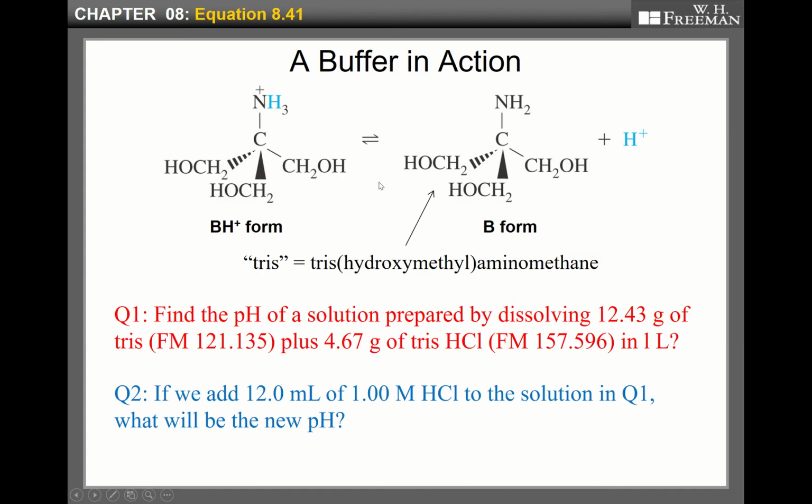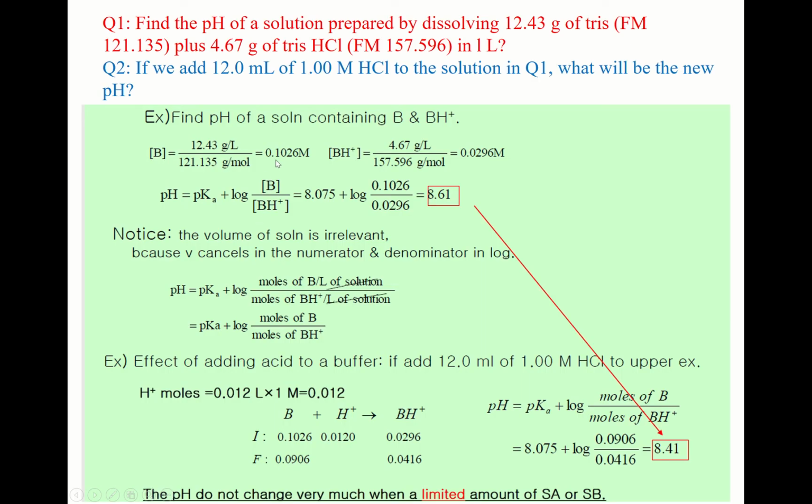But since they are all dissolved in the same solution, the solution volume doesn't matter, so you don't have to worry about it. You only calculate the moles of each compound. Let's calculate first this B form. The mass is this one, and you divide this number by the formula mass, and then you get this number.